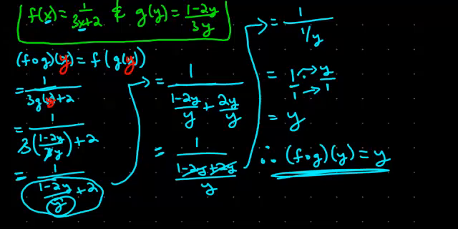We need to go the other way. Good practice. I think it might be good for you guys and gals to see it. So let's go the other way as well. So f of x equals 1 over 3x plus 2. G of y equals 1 minus 2y over 3y.